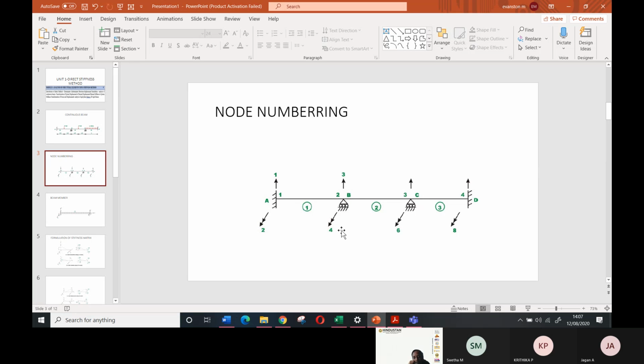Practical application of roller support. You might have definitely come across that, but you might not have noticed it. Bridges. Have you noticed? Very good. On bridges, on the top of the piers, you can see rollers. The purpose of rollers is to allow a little horizontal displacement, but it will not allow movement in the vertical direction.